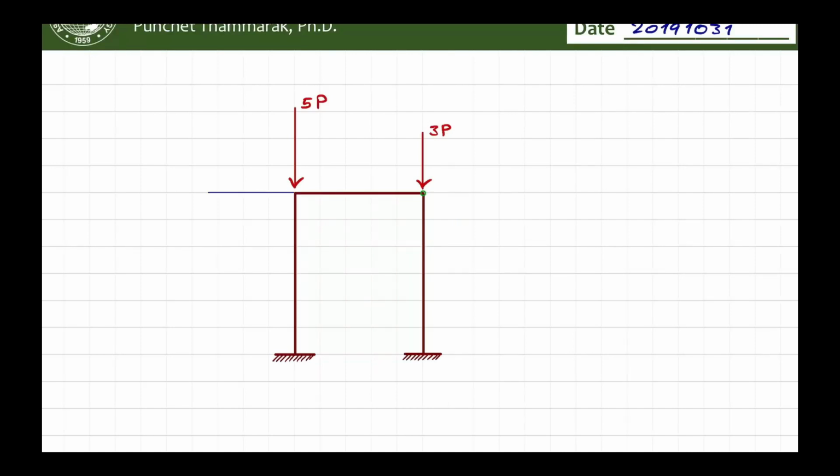So our frame, we have the column of which the height is equal to 6L, and this is 5L. Same height, doesn't look fun to me.